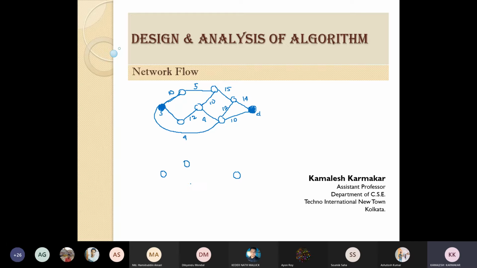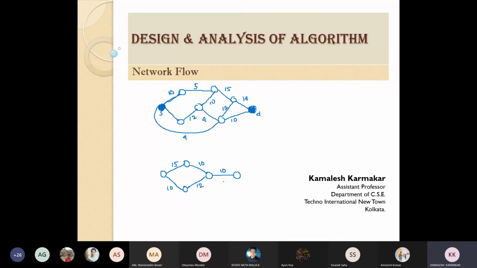Say I have a very simple network. The capacity of this link is 10, the capacity of this link is 15, this link is say 10, this is 12, and this one is 10.